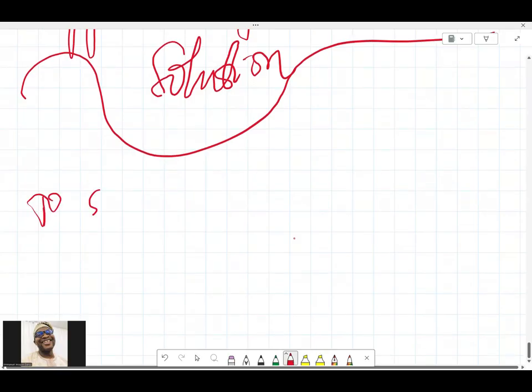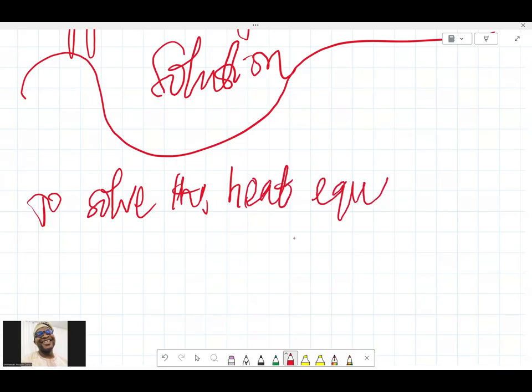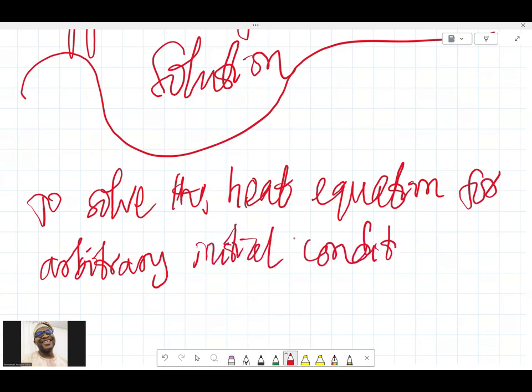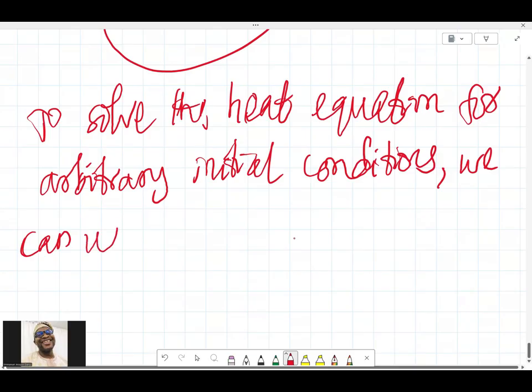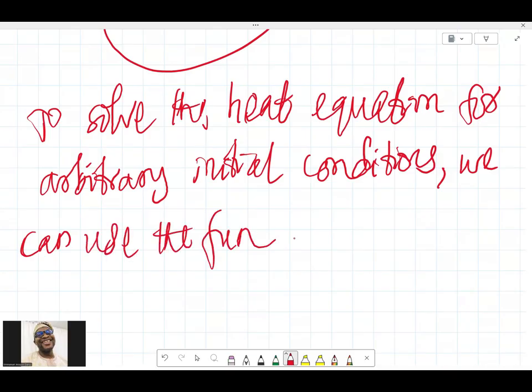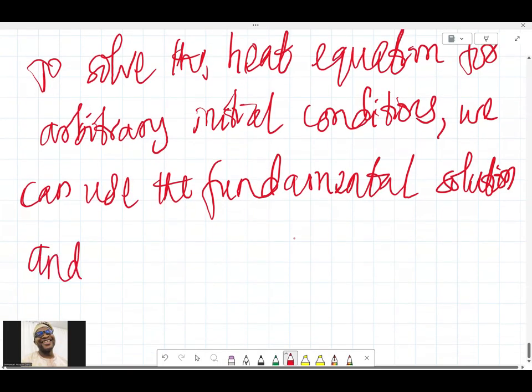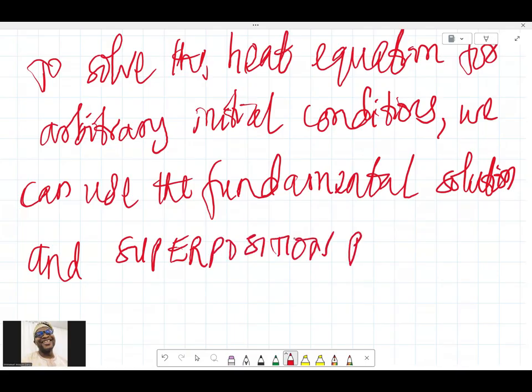Okay, so to solve the heat equation for arbitrary initial conditions, we can use the fundamental solution and the superposition principle.